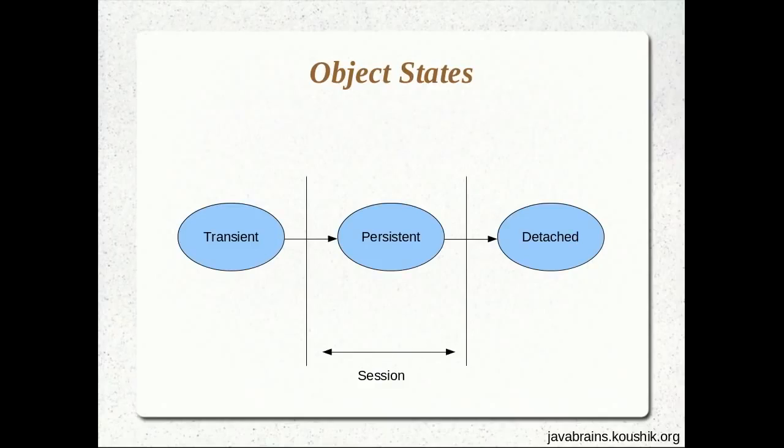Now there is this one particular scenario where you would want to move an object from a detached state to a persistent state again, which means that the object was persistent somehow, and then the session which persisted the object was closed and it became detached. And now we want to attach this object back to the session and make it persistent again. We'll look at a use case when this might be required.